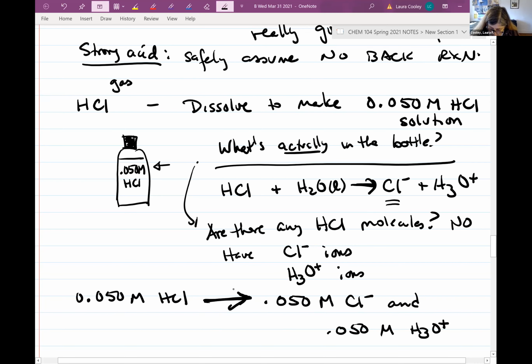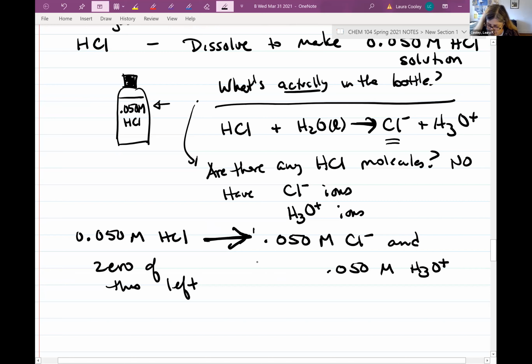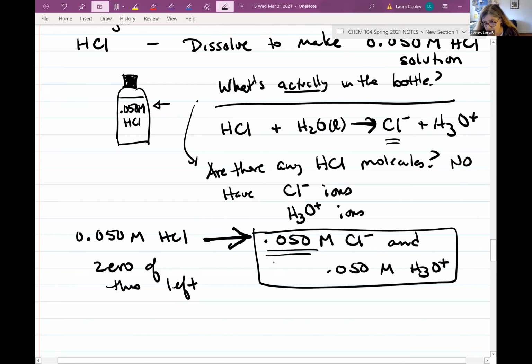It completely converts so that there is 0 of this left. So what's in the bottle is this. Okay, the same concentration as what you started with. In HCl, you now have in chloride, and more importantly, for acidity purposes, H3O plus.